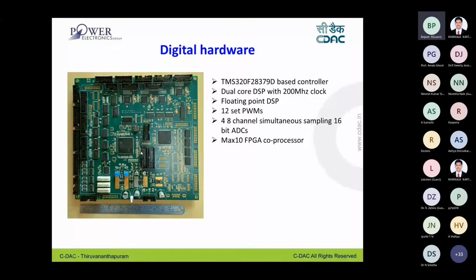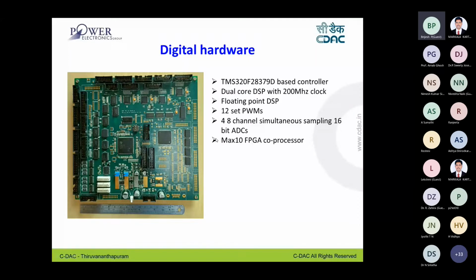In this case, we also have an FPGA coprocessor for very intense control applications. We can use this MAX 10 FPGA, a powerful FPGA, as a coprocessor for controlling the complete system.